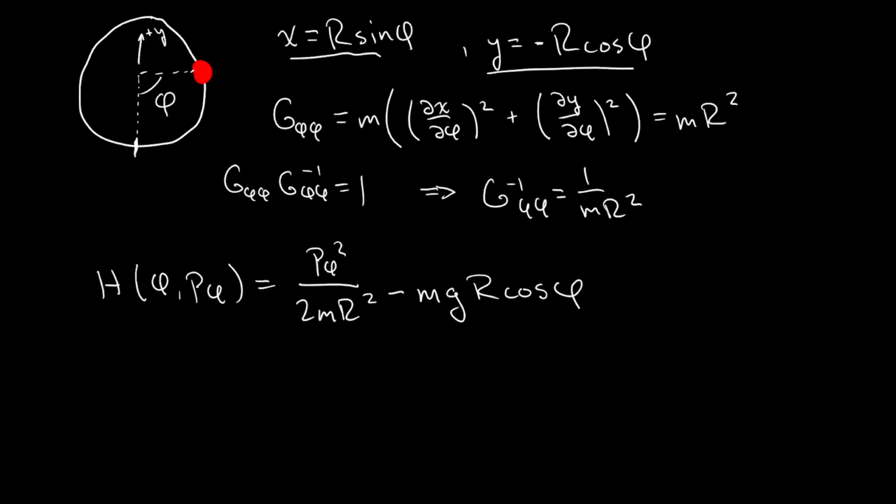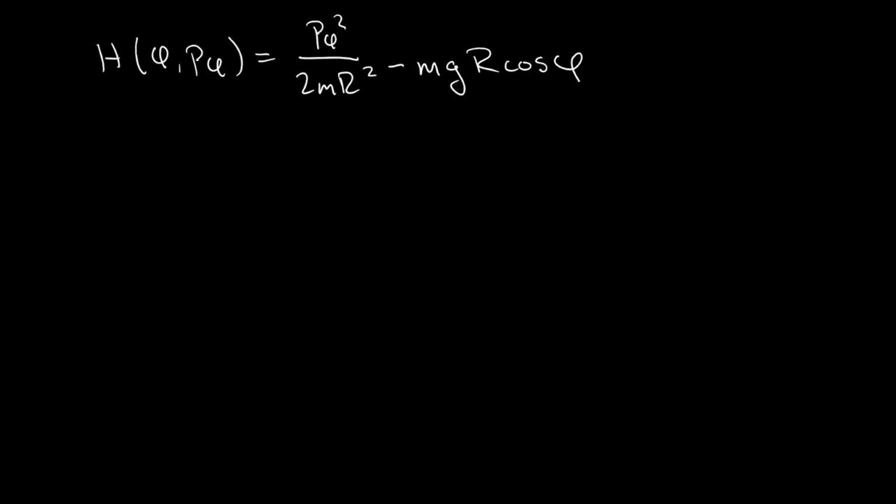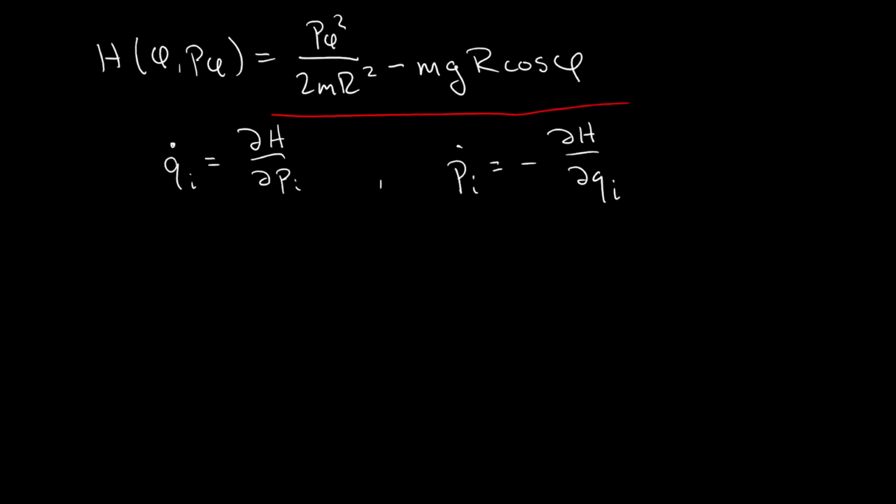Excellent. So now all I have to do is use my Hamilton's equations. I'll write down Hamilton's equations in general, just really quick again. q dot i is dH/dp_i, and p dot i is minus dH/dq_i. I'll go ahead and write these in a box.